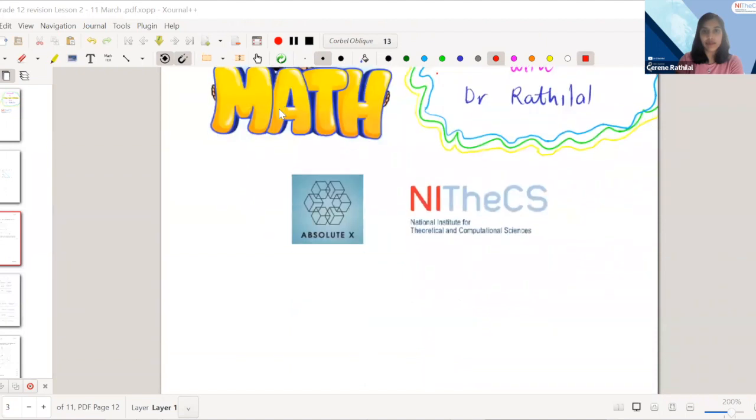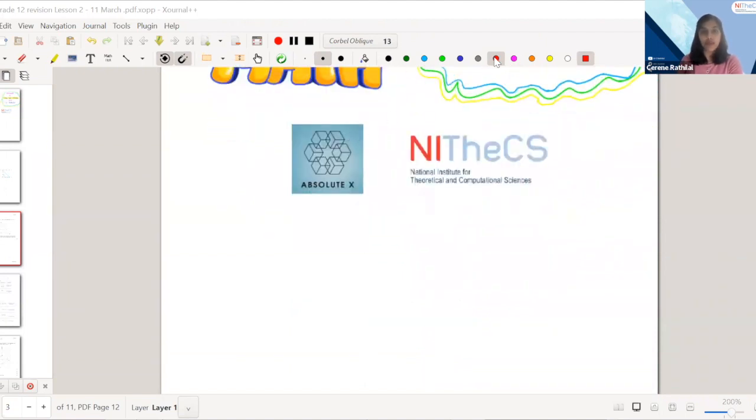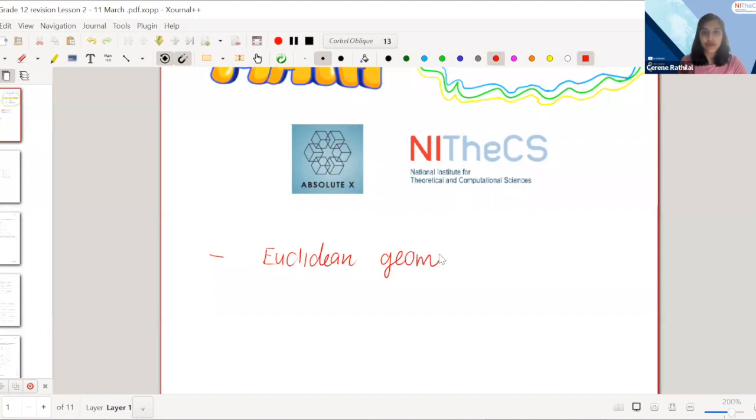So let's discuss. Typically, what you would want to do to prepare for mathematics paper 2 is go through Euclidean geometry. You would also need to cover sections regarding proportionality, and similar triangles.